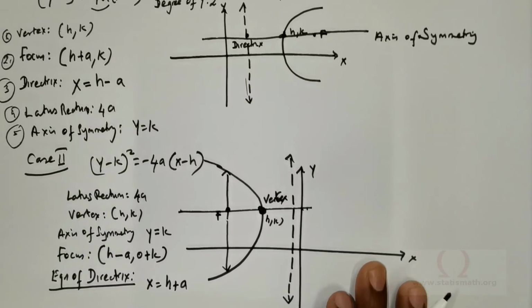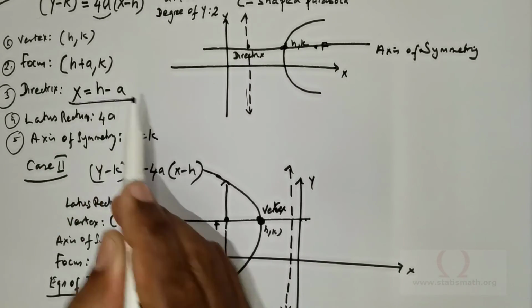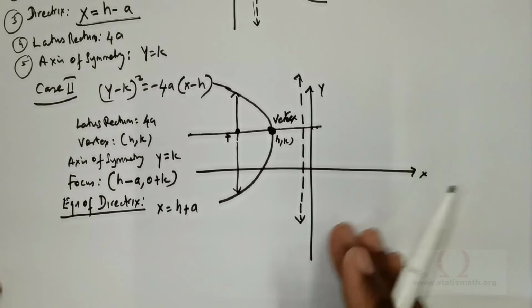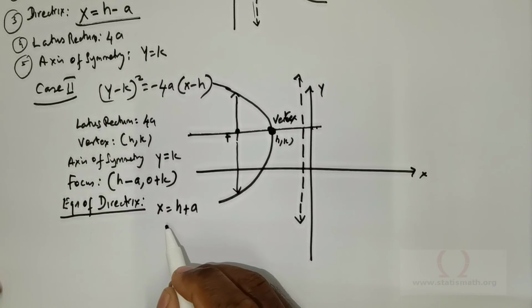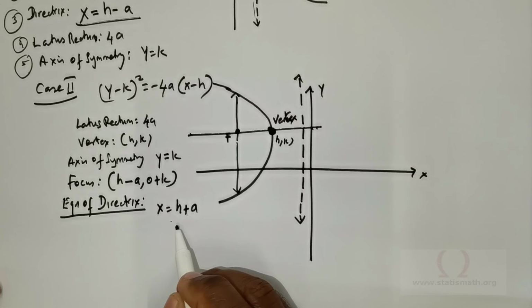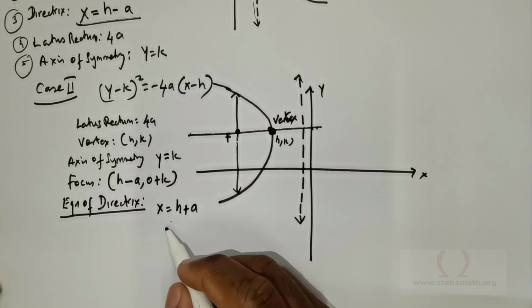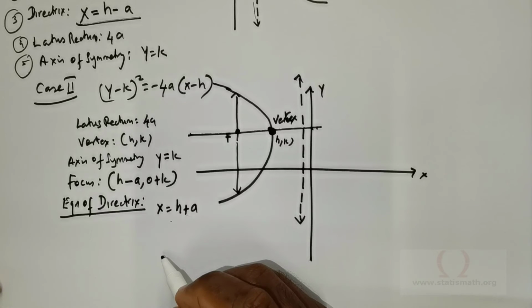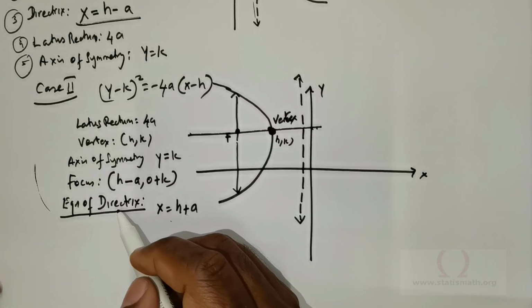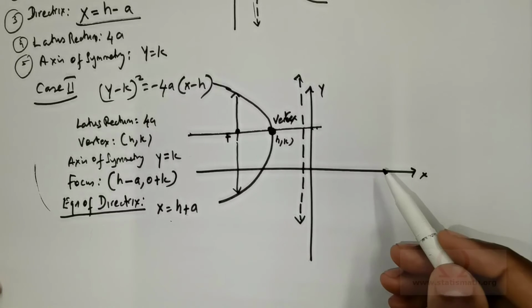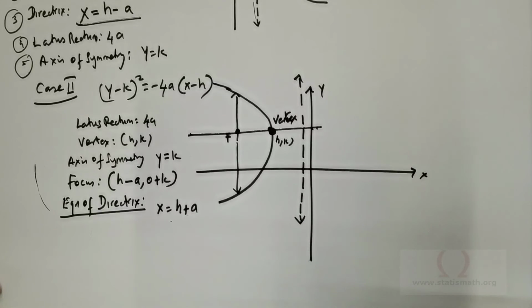So in the former case it is x = h − a, in this case it is x = h + a. So we have obtained all the important information which we needed, and this important information would ensure that you complete this question. So we will move on.